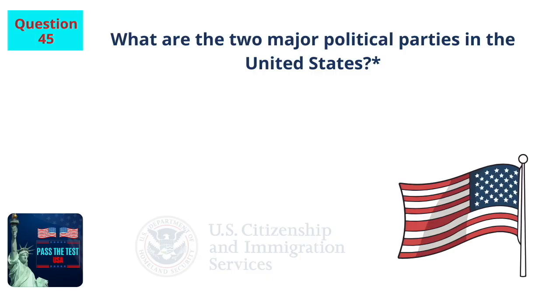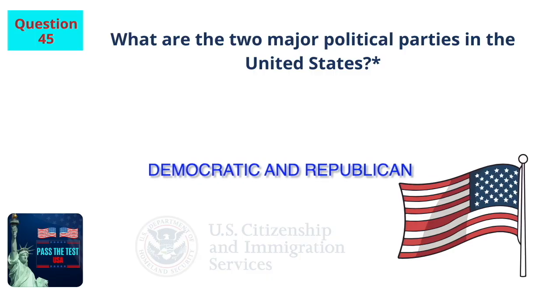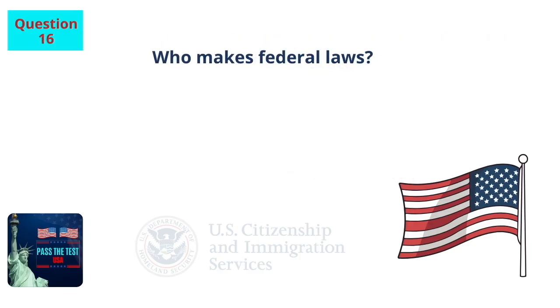What are the 2 major political parties in the United States? Democratic and Republican. Who makes federal laws? Congress.